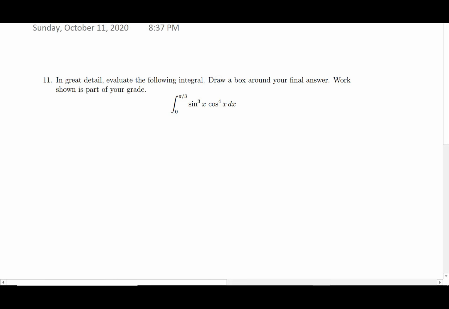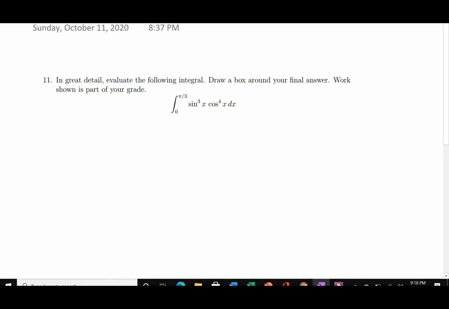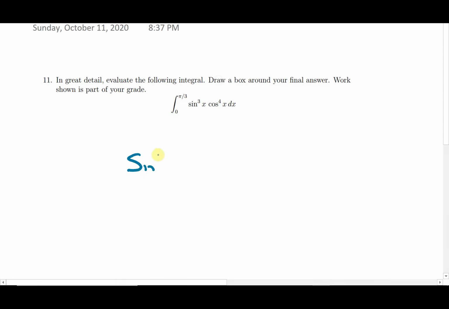So the key here is, we have sine. We want to simplify, because if we make u equal to sine, well, du is going to be cosine x and so forth. We have to somehow eliminate it so that we single out the terms.